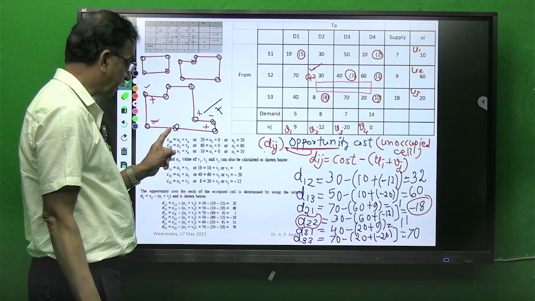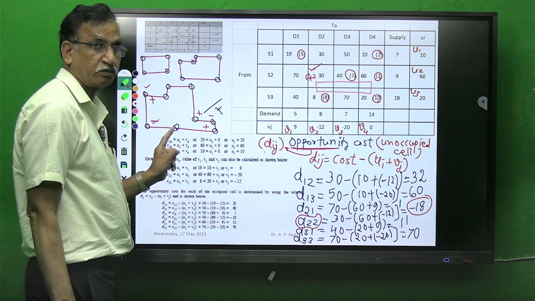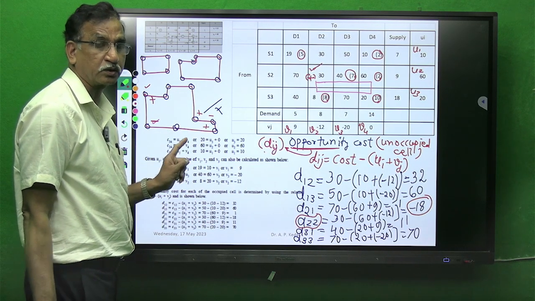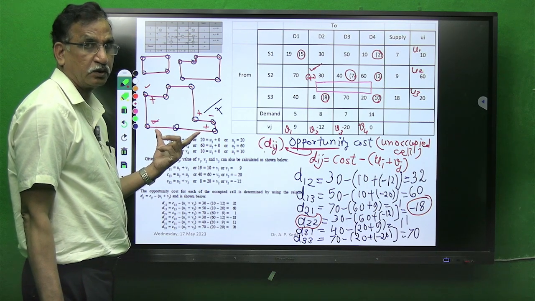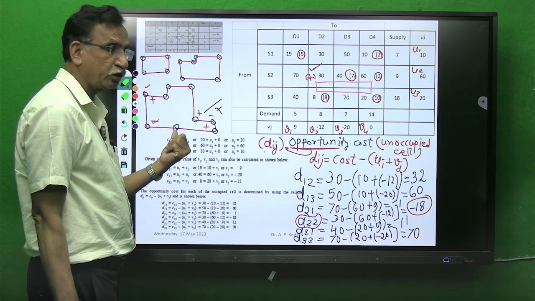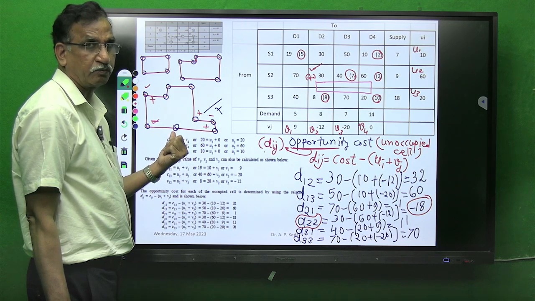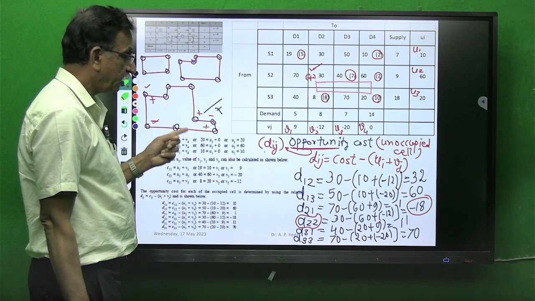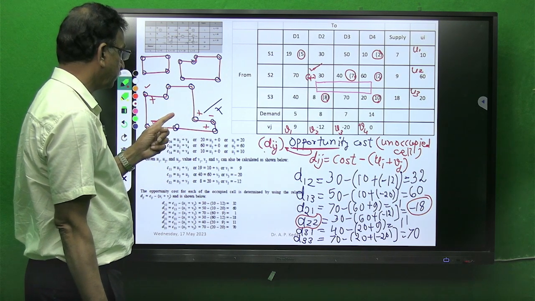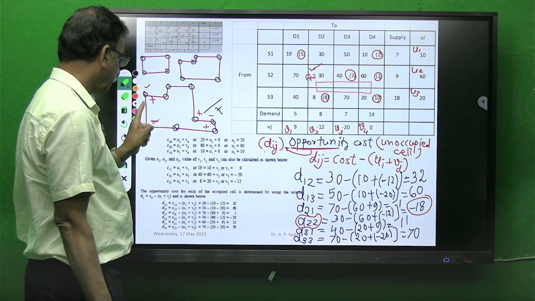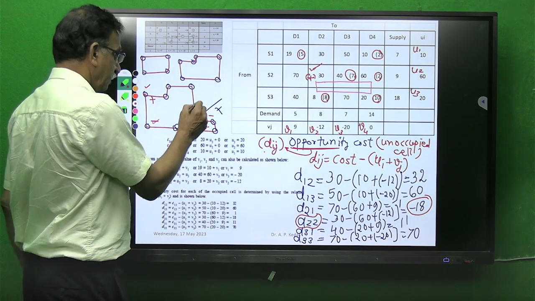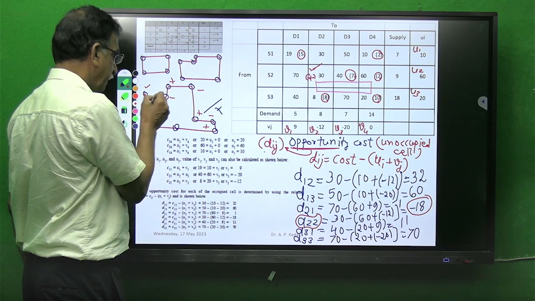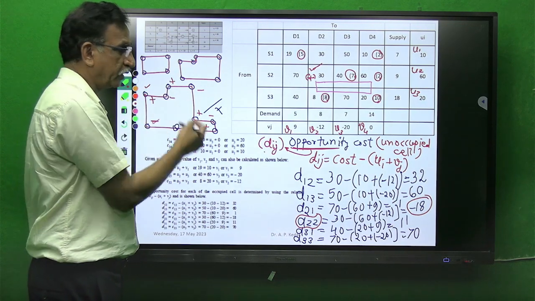Don't put any sign for the allocation which is not at the corner. If an allocation is lying between the ends, there is no need to put any sign for it. If you carry out this, it will be plus minus, plus minus, and end like this.